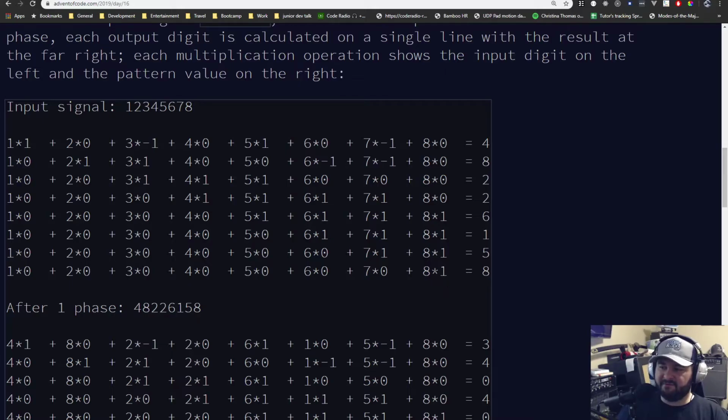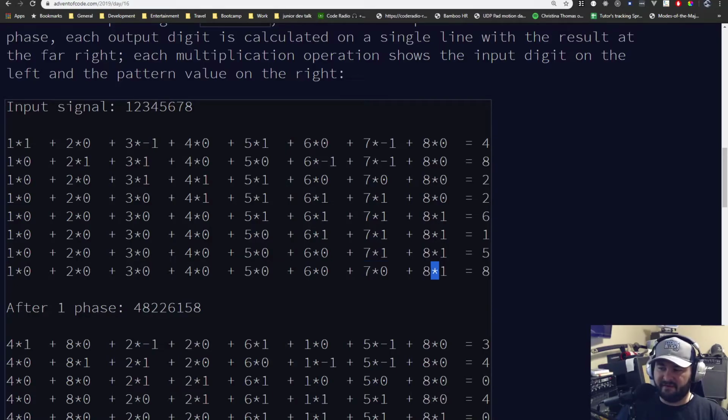So basically what you're going to do is calculate that last number. And then if you go backwards to 5, you don't even really care about 8 because that's still going to be 8 times 1. This is going to be 7 times 1.